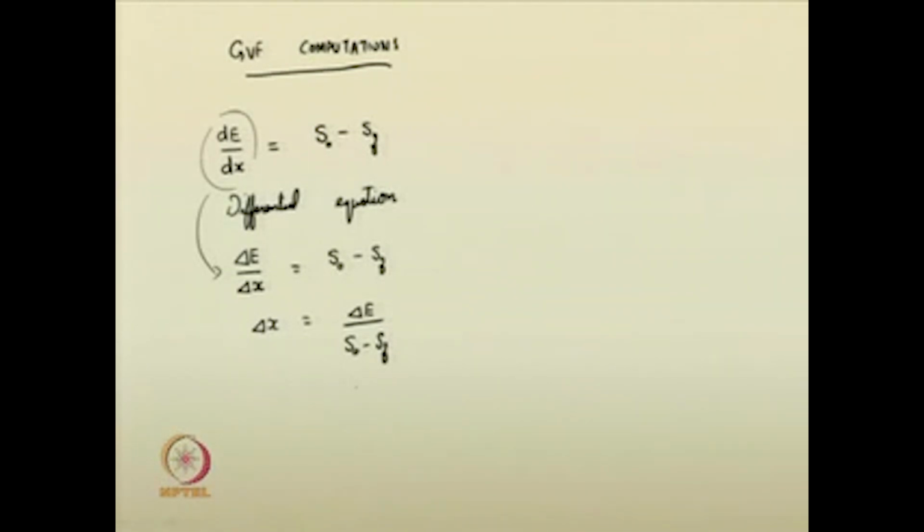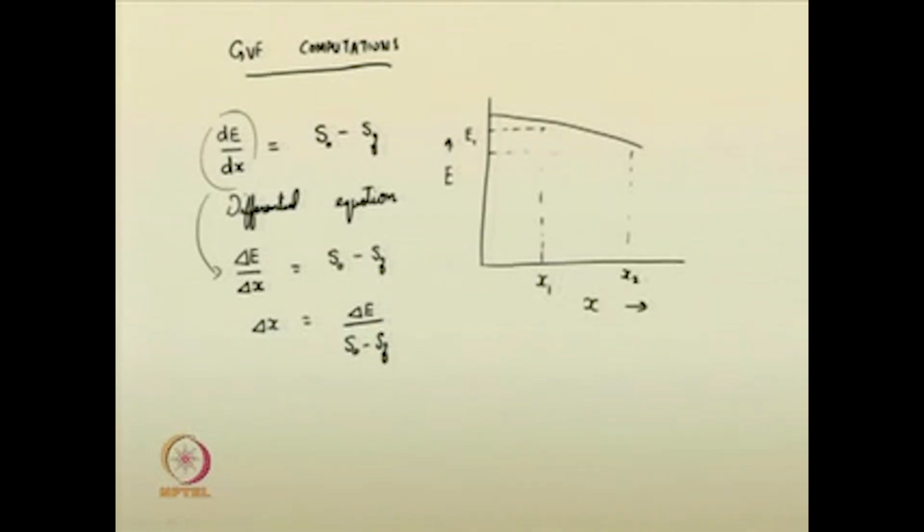What is the principle behind this? See, if you have an E versus distance curve, suppose the curve is of any particular form like this, and this is your expression for E, then at any location x 1 you have the corresponding energy E 1, and at any position x 2 we have the corresponding energy E 2.